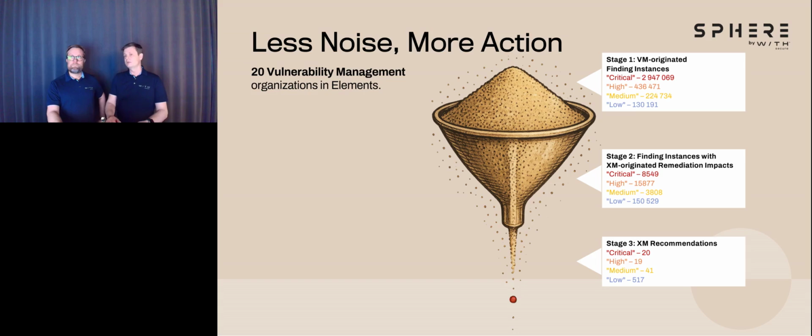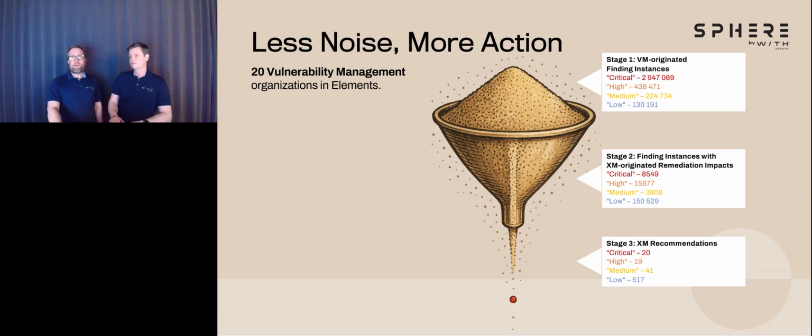So we took those 20 different companies where, in stage 1, you can see that there are almost 3 million critical individual findings. These findings can be vulnerabilities, misconfigurations in your estate. 3 million. Would it be possible to find what is the most important thing where you should focus?